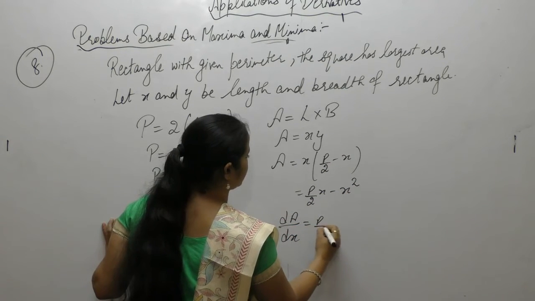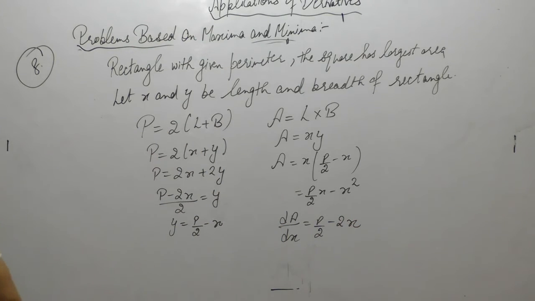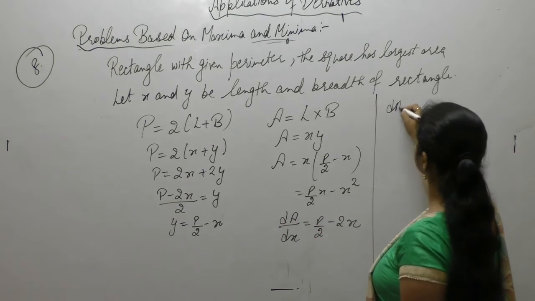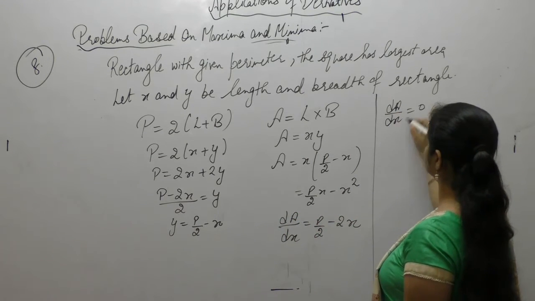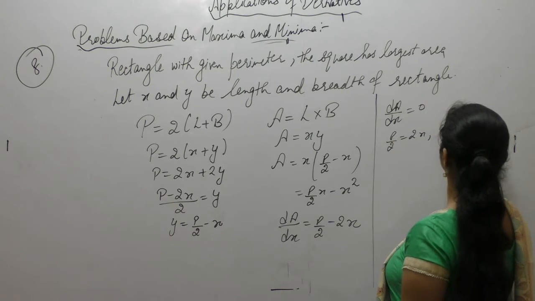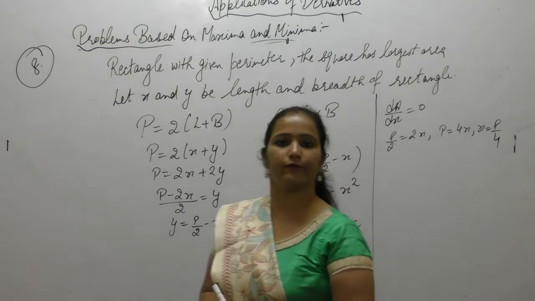Differentiate with respect to x. We get this. Now put the first derivative equal to 0. So we get x as P by 4.